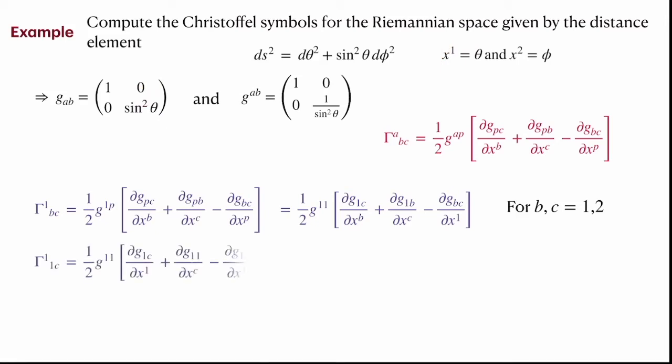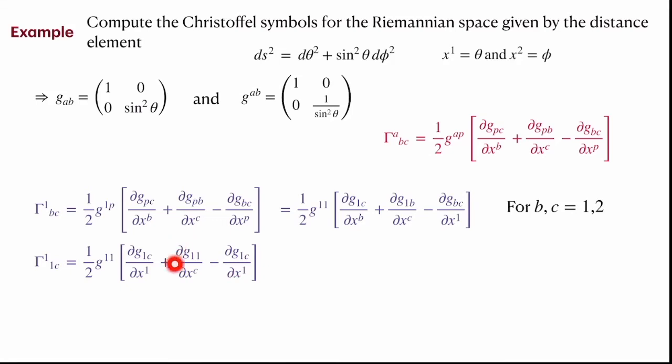Let's compute the individual components. Let's compute the element gamma 11C. So we have g^11 and B becomes 1. The first one is differentiated with respect to x1, the second one remains the same, and the third one has B becoming 1, with C and differentiation with respect to x1.